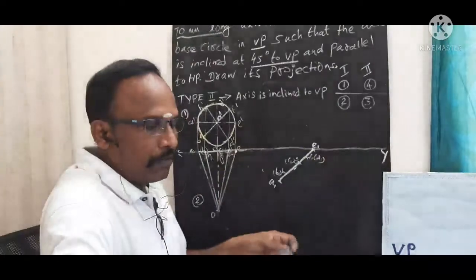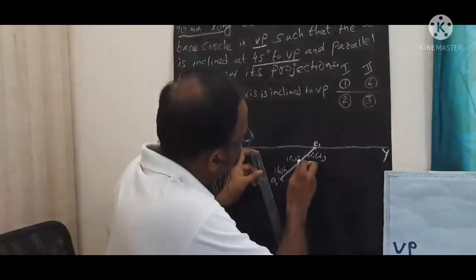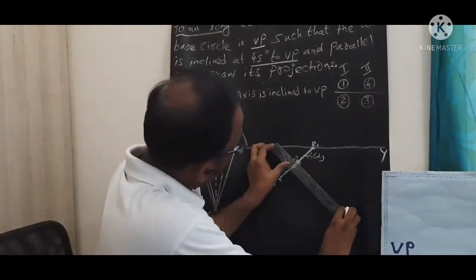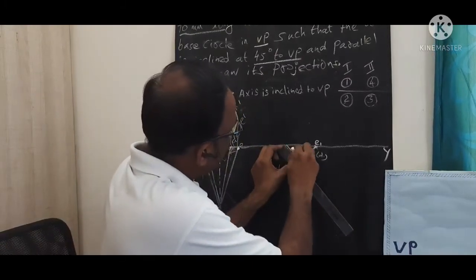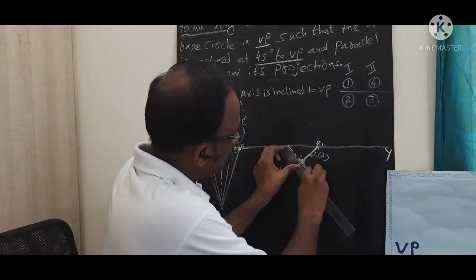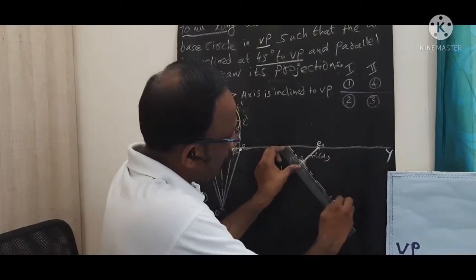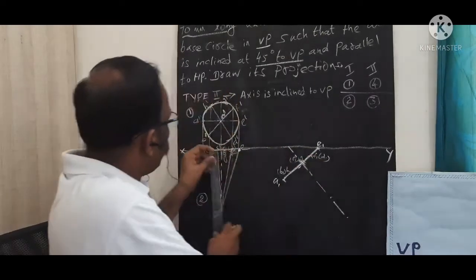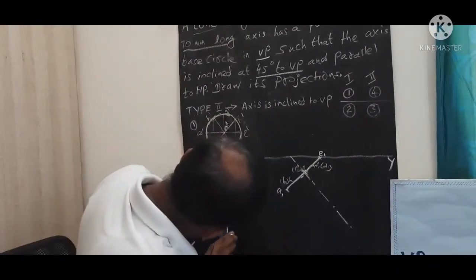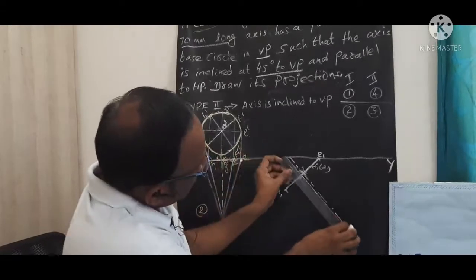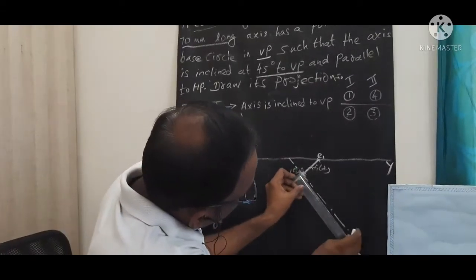Now I want to draw this 45 degree line through this center point. That is the axis line. How to draw the axis line? Already I told that: the same 70 mm height given in the front view is to be taken here. Then we mark it here.